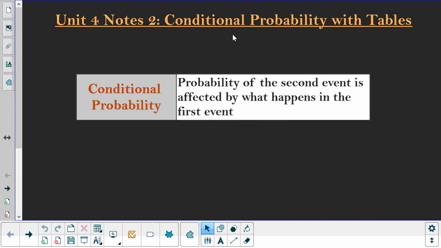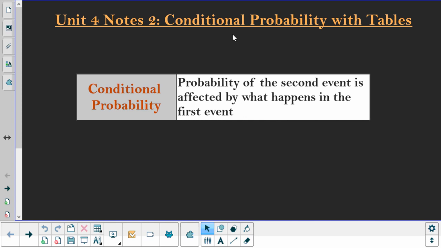So our introduction that we did yesterday talked about the word given, and how the word given tells us that we are finding the second probability after the first probability already occurred. So some event already happened, and you're looking for the probability of the second event given the fact that the first event already happened. So you have to take that first event into consideration and adjust your probability from there.